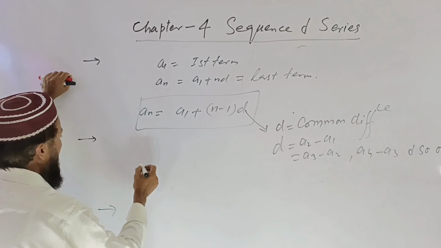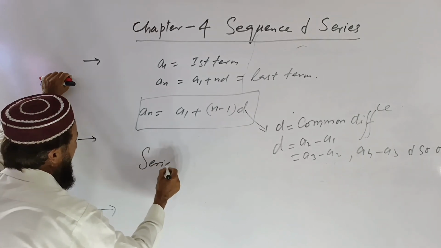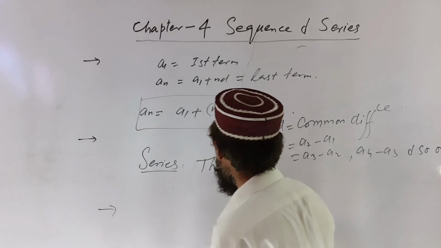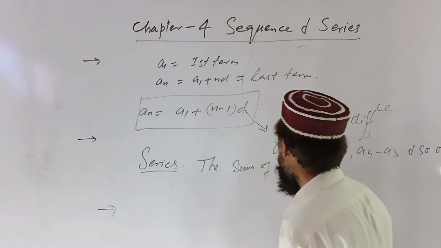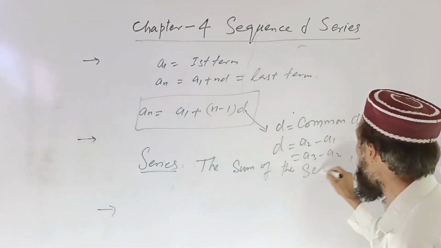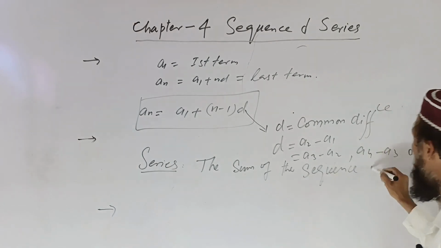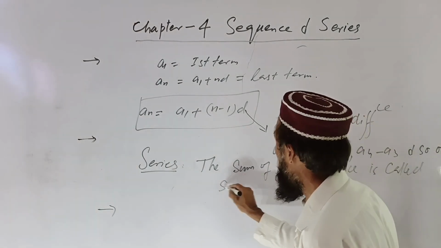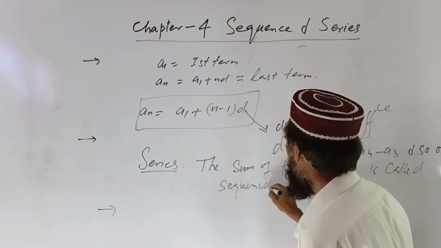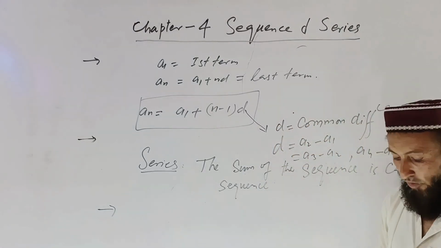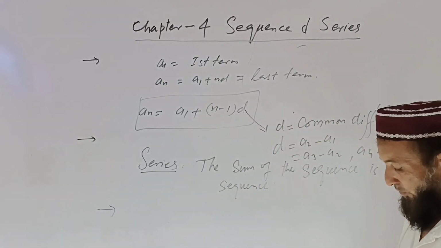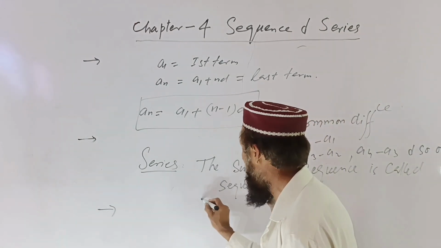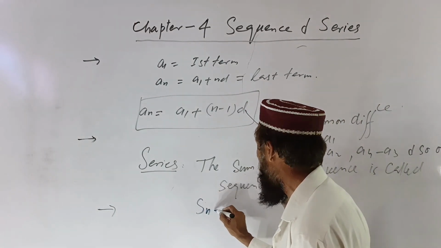Now series, how can we define a series? A series is the sum of the sequence. For example, we write the above sequence. If we change it into a sum, we write Sn.